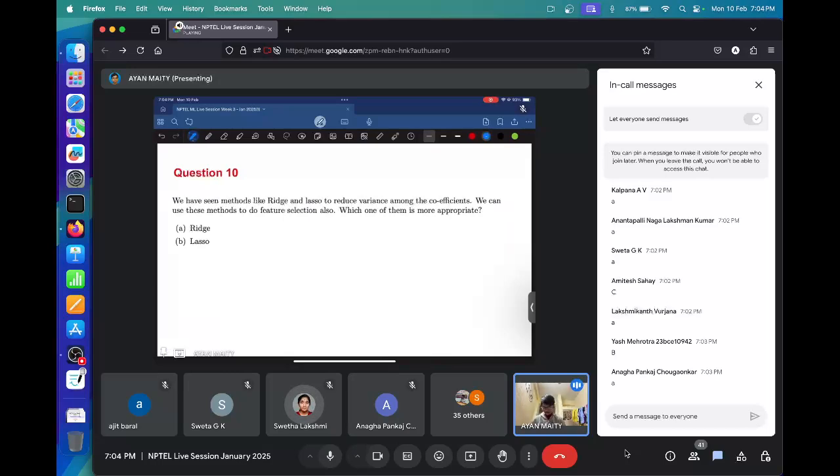Now question 10. We have seen the methods like ridge and lasso to reduce variance among the coefficients. We can use these methods to do feature selection also. Which one of them is more appropriate? These are two different regularizer methods that we have studied in the previous week, ridge regularizer and lasso regularizer. So which one is more appropriate for feature selection, ridge or lasso?